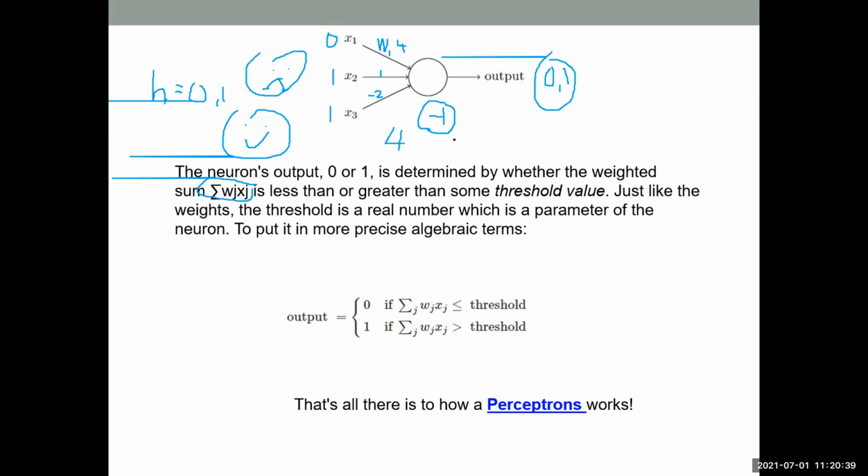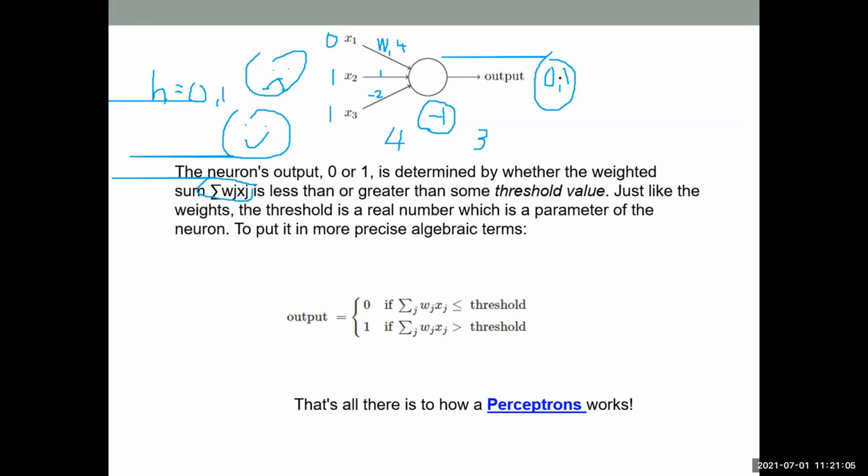So we'll say whenever it's greater than 3, we're going to output a 1. And whenever it's less than 3, we're going to output a 0. So this is -1, which is less than 3. So we're going to output a 0. If we had gotten 10 here, that would be greater than 3, then we would output a 1.